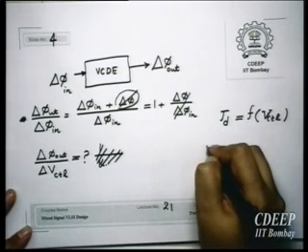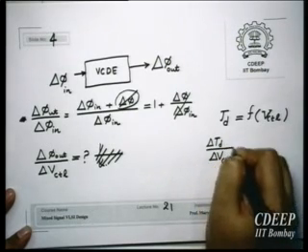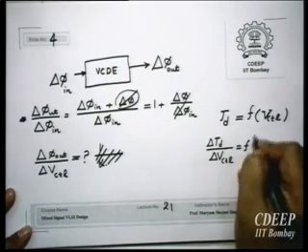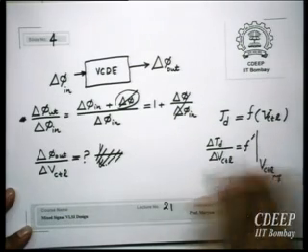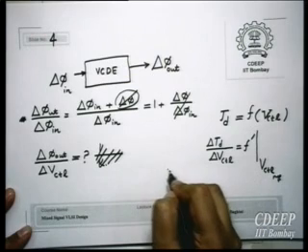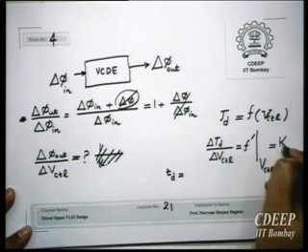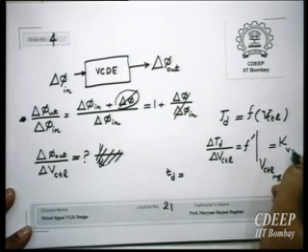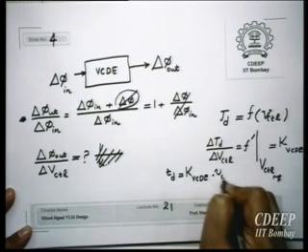Therefore, for small signal, delta TD is equal to this F prime at some particular VCTL reference, which is a constant, that K_VCDE, times delta VCTL.